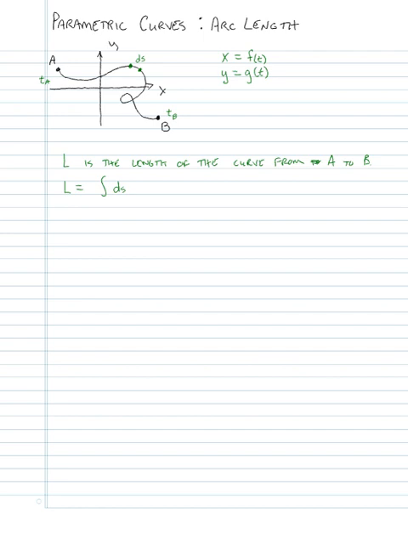And we're going to start those infinitely small lengths at the point A, and we're going to go to the point B. So in the generality of things, that's how we're going to calculate the length of the curve, where ds is the length of one infinitely small segment of the curve.